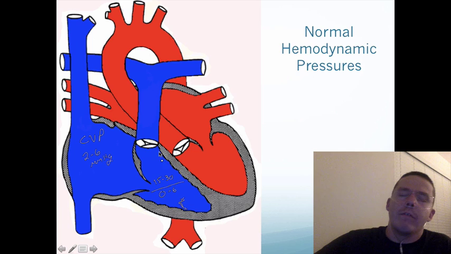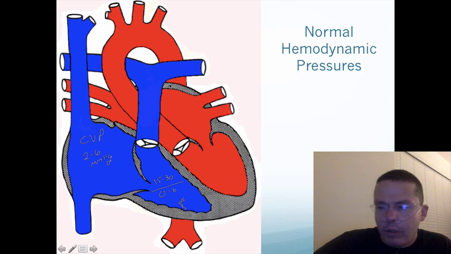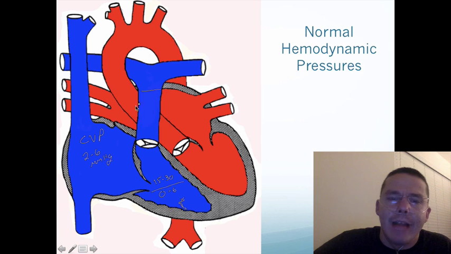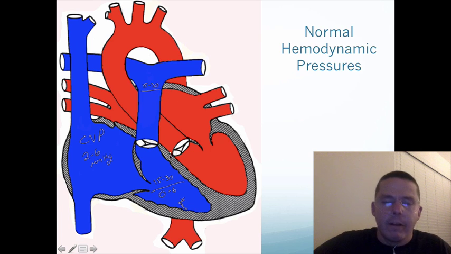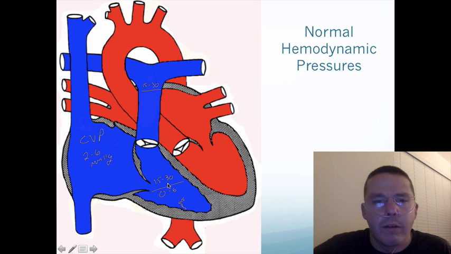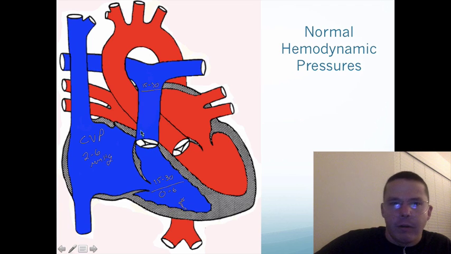So as the blood moves into the pulmonary artery, what you can look and see is that you also have a systolic and a diastolic pressure. Your systolic pressure is anywhere between 15 to 30, which should look very, very similar to your systolic pressure in your right ventricle. Your diastolic pressure is going to be anywhere between 8 and 15, and once again, these are in millimeters of mercury.